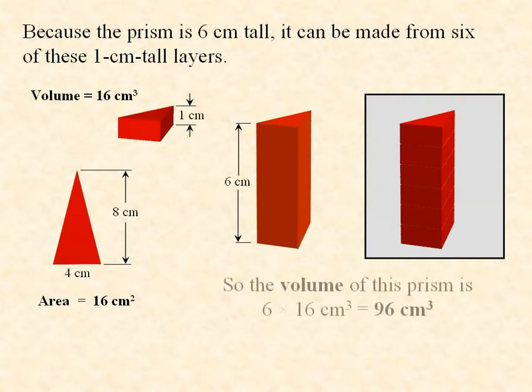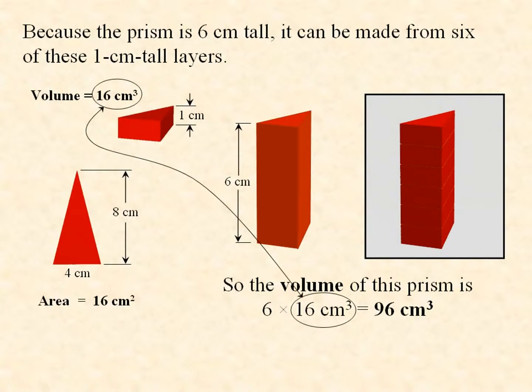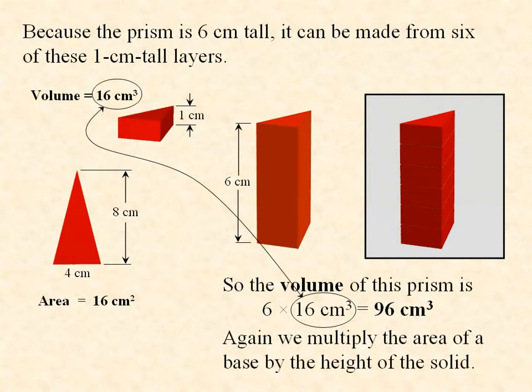So the volume of this prism is 6 times 16 cubic centimeters, or 96 cubic centimeters. Again, we multiply the area of a base by the height of the solid.